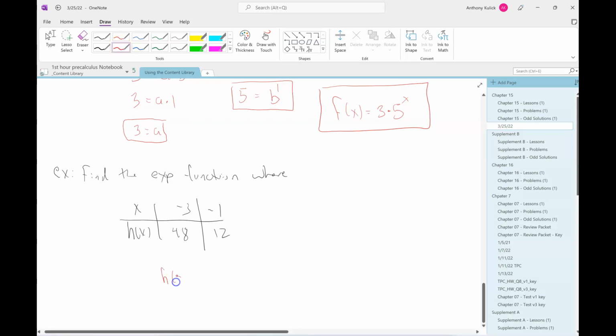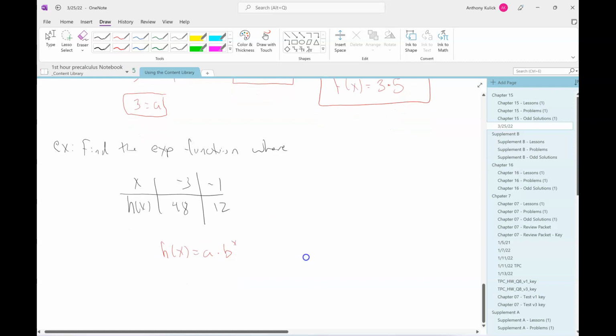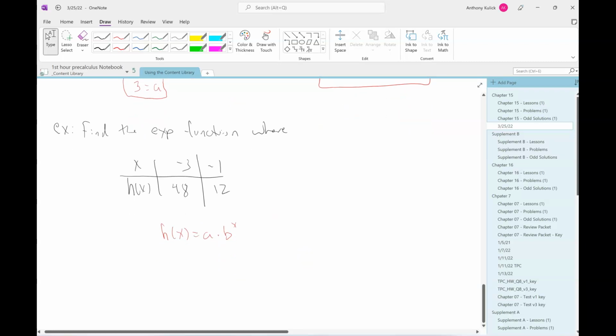Well, again, what I want to do is I want to write an equation. H of x is going to equal a times b to the x. And what I'm going to do is to create a system of 2 equations.